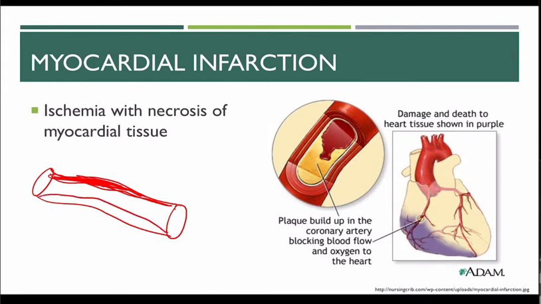So this is the plaque that's in this blood vessel. There is a disruption in the plaque, whether it erodes or ruptures, and you get a sudden blood clot in the vessel. And this blood clot completely obstructs flow or has a much larger effect on flow than we saw with unstable angina.